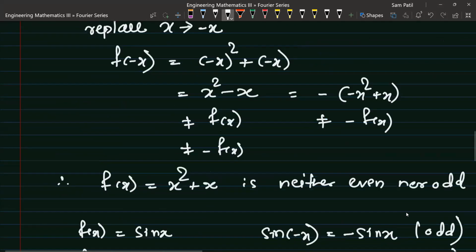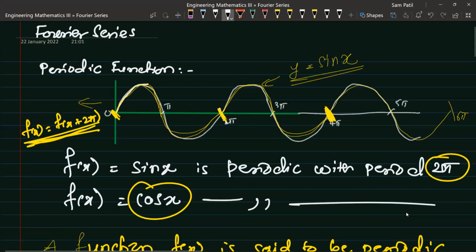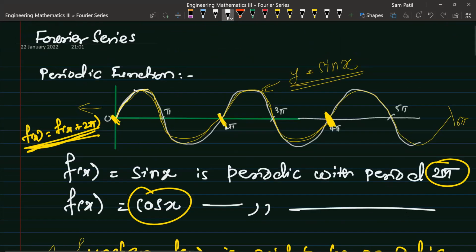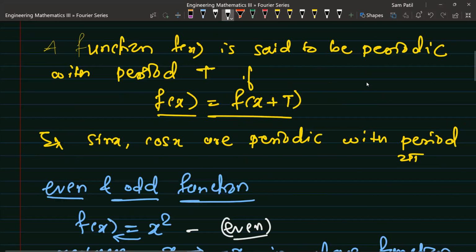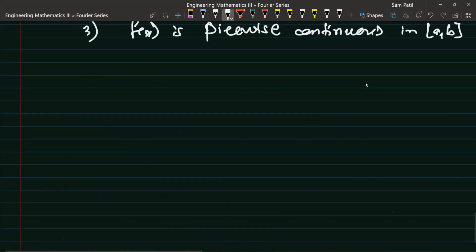What does it mean by piecewise continuous? If we see the graph of sin x, it is a continuous graph. It doesn't have a break. If we see this interval 0 to 4 pi, it doesn't have any break. Let me give another example.